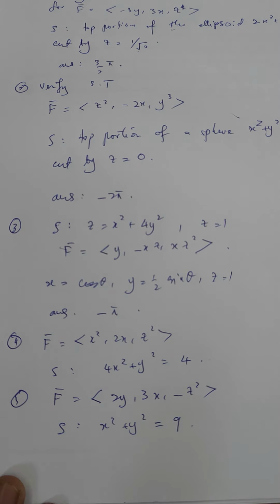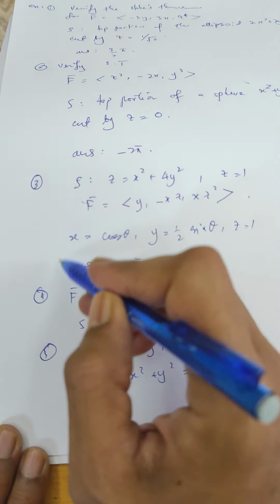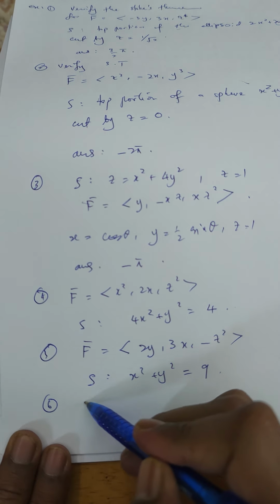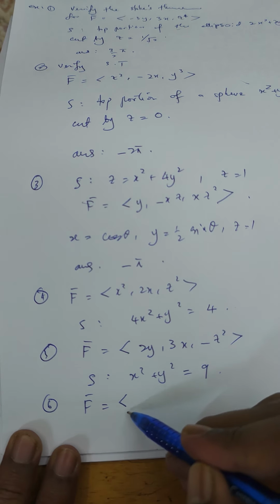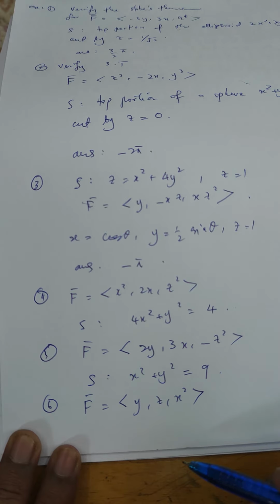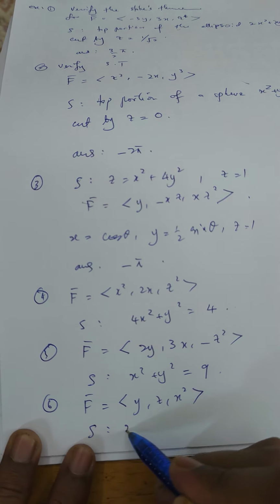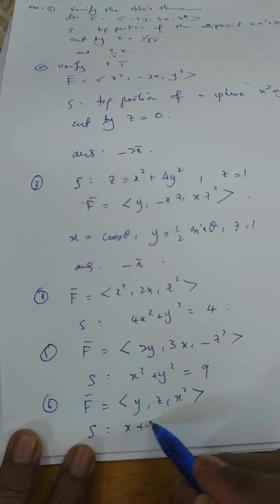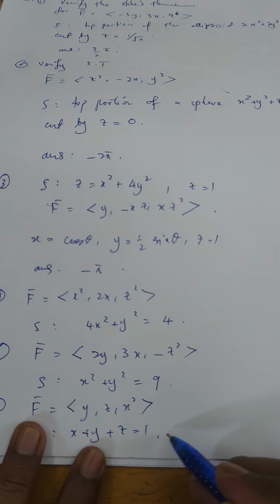Let me give one more, 4, 5, 6. Let's say F is y z, x squared, and S is given as x plus y plus z equal to 1 on the first octant.